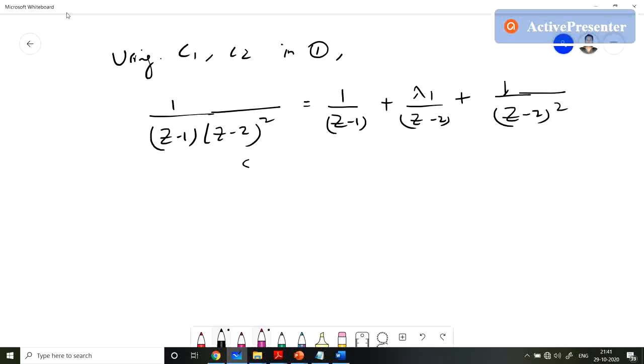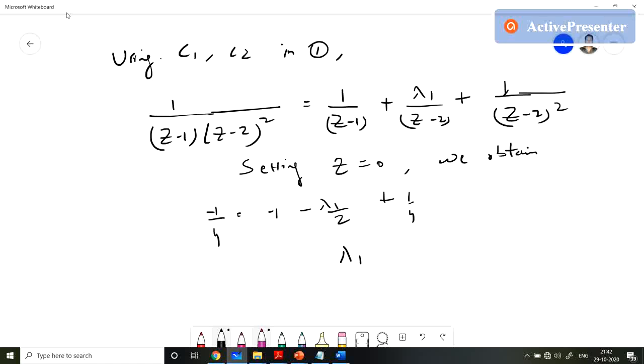Finally setting z equal to 0, we obtain minus 1 by 4 equals minus 1 minus lambda 1 divided by 2 plus 1 by 4. So lambda is equal to minus 1.